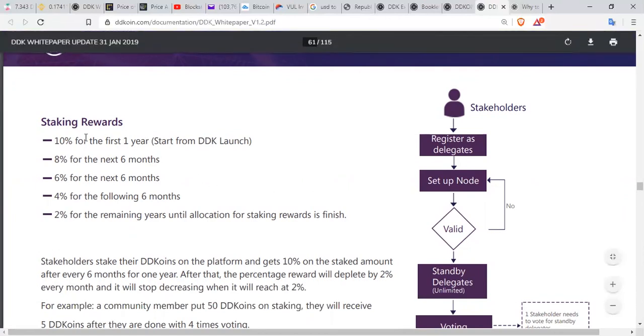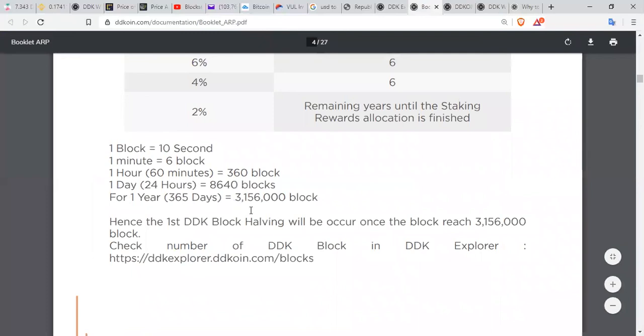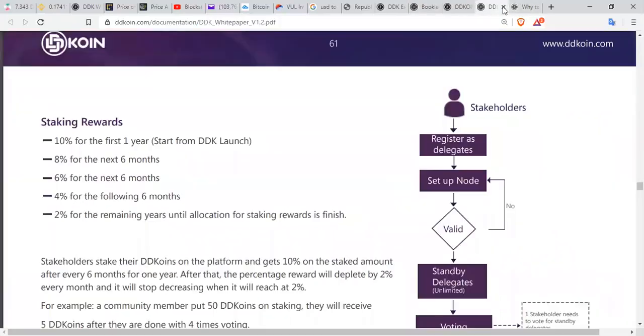As mentioned, the staking rewards for the first year, or after you reach the 3 million, can we go back there? 3,153,600 blocks. If you reach that block generation or generated blocks, so mag-re-reduce na ng 8% yung ating staking reward.